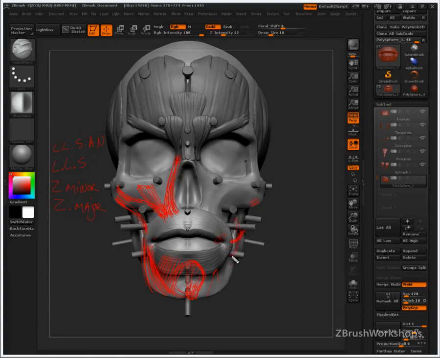The buccinator, which is underneath that mandible and responsible for chewing and ties the upper and lower jaw together, so it ties those teeth together. And then the platysma, which is pulling down over the top of all of this and responsible for a lot of kind of tertiary forms that we see during facial expressions. So let's get started with this first portion of the skirt.